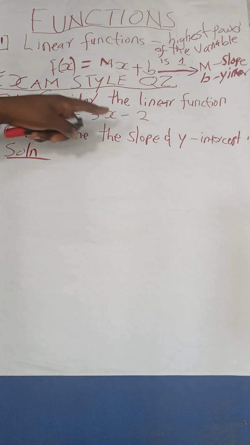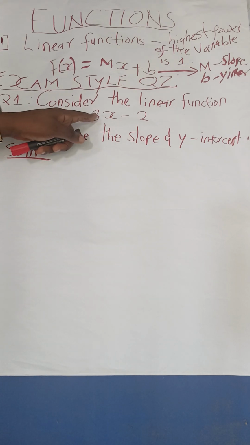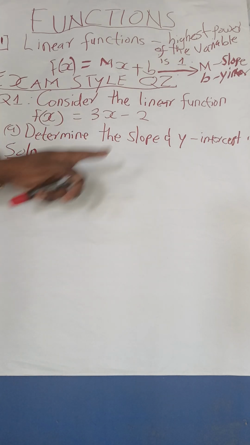For this function, you can see very well that we have 3x and we have minus 2.